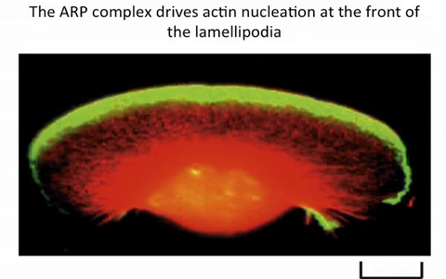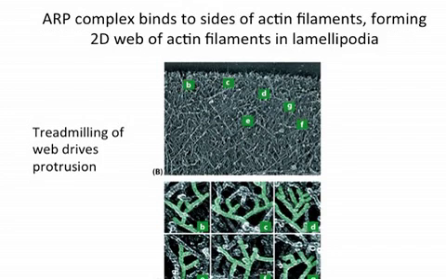Notice no ARP in that rear part. If you stain for formins, you'd think they would be back here, and probably not up here, because you've got that contractile actin in the back and the web actin in the front.